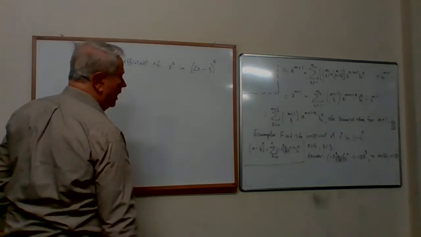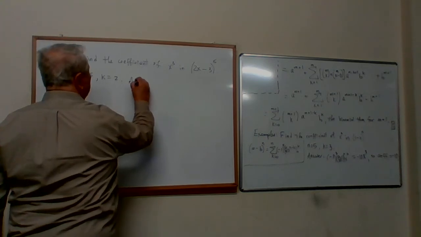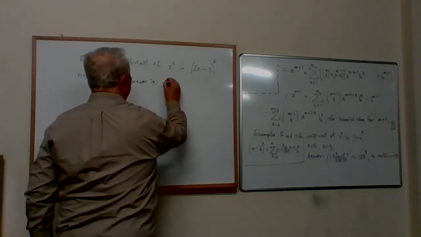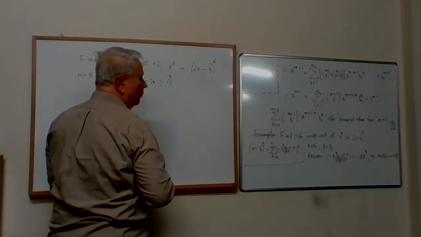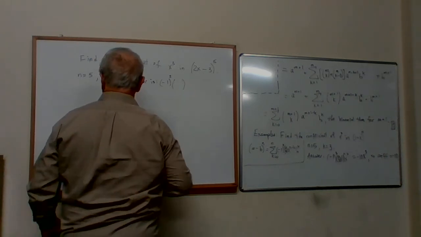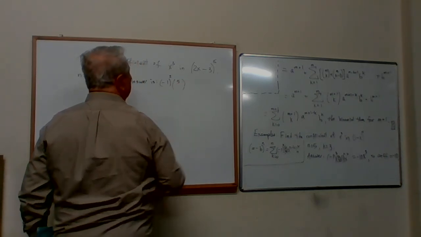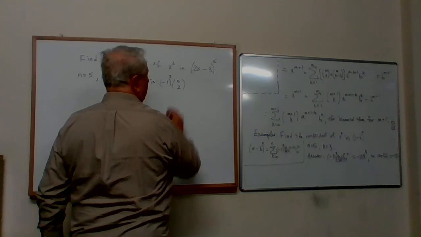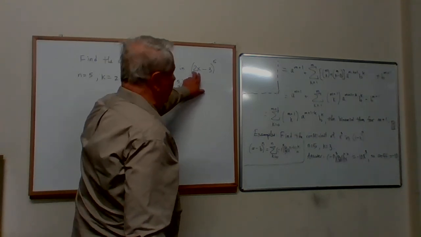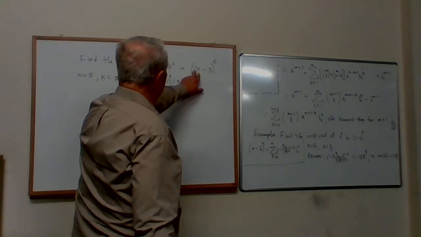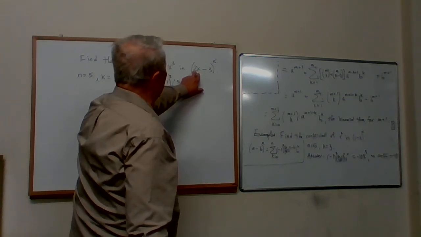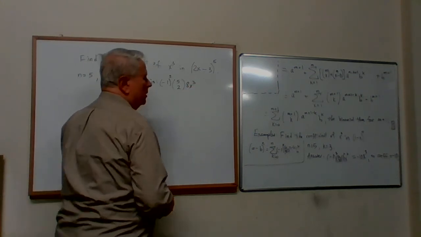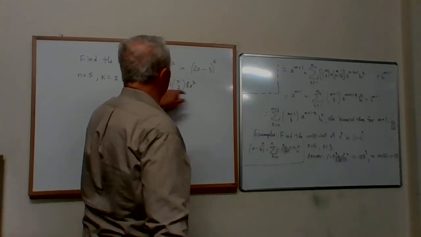All right, and then I just copy. So the answer is minus 1 to the 2, which I know is plus 1, but I'm writing it so you'll know that I considered it. N choose k, which is 5 choose 2, a to the n minus k, which is to the 3rd. So 2x, that quantity to the 3rd, is 8x cubed, times b to the 2.